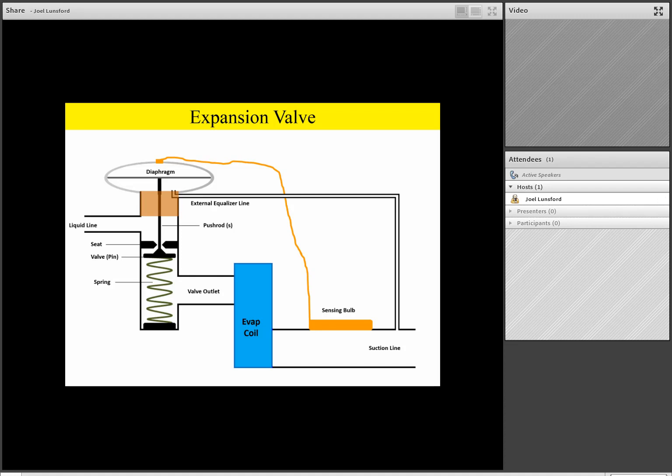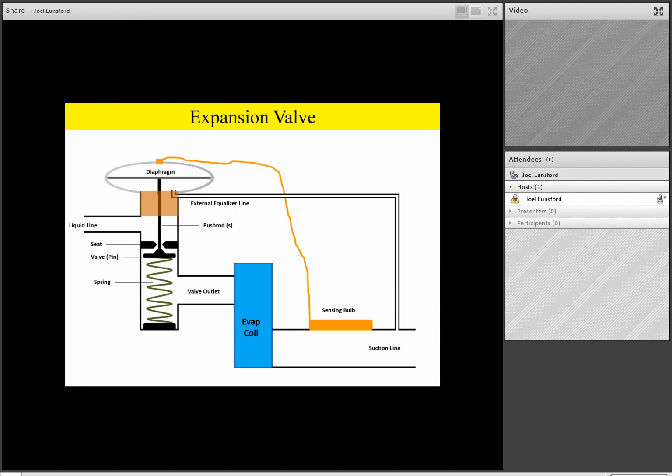You're going to have a sensing bulb attached to the suction line leaving the evaporator coil, and inside that sensing bulb is a refrigerant. Now, team, it is not necessarily the same refrigerant as what's in the system. It's a totally sealed system, so the sensing bulb has its own little sealed system with refrigerant in it.